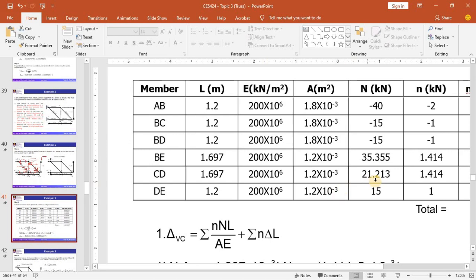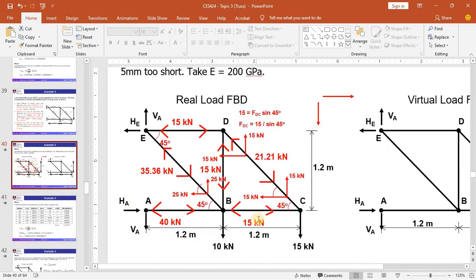CD is 21.21 in tension. Sorry, I'm supposed to change this. Something is wrong. I'm supposed to show this arrow towards there, out of the joint.